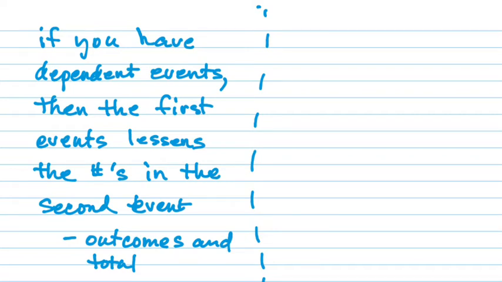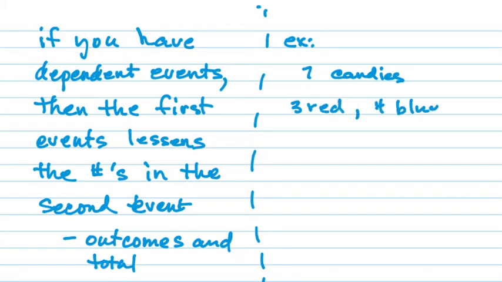All right. So, for example, let's say that you have 7 candies, right? 3 red candies, 4 blue candies.